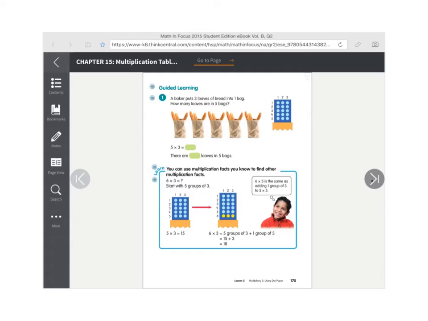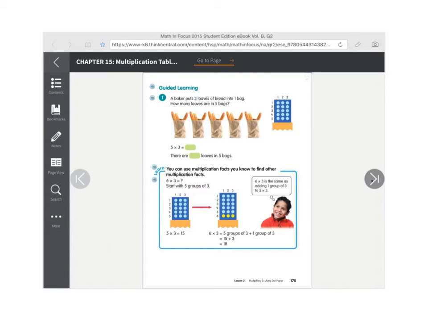So I have 5 groups, 1, 2, 3, 4, 5, with 3 loaves in each bag. All right, which is the same as 5 rows, 1, 2, 3, 4, 5, with 3 columns for those breadsticks or the loaves.